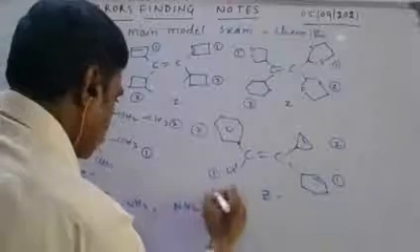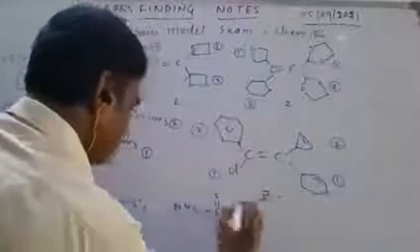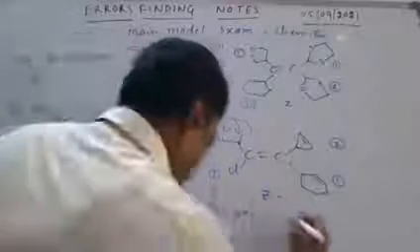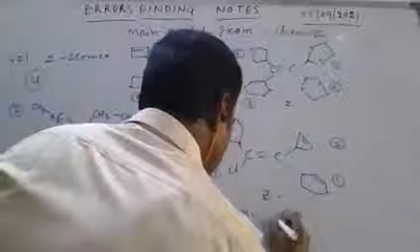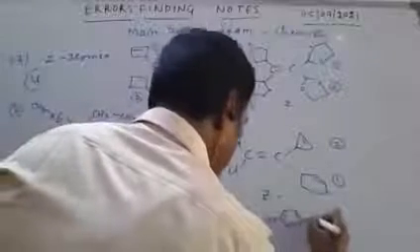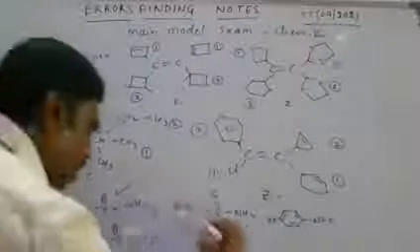Question number 48. NH2 C double bond O NH2, NH2 C double bond S NH2, a benzene ring with OH and NO, then acetone, CH3 C double bond O CH3. Check the conditions: all the molecules exhibit tautomerism.